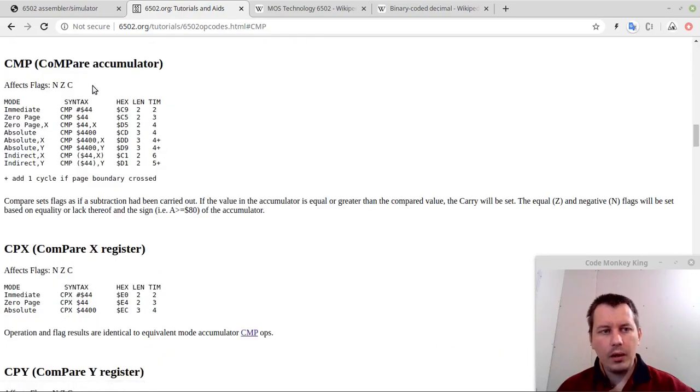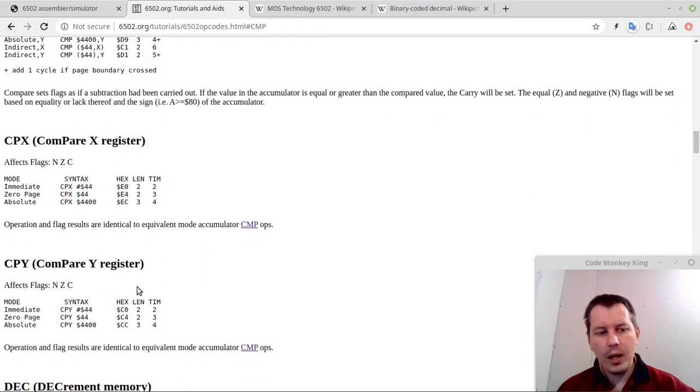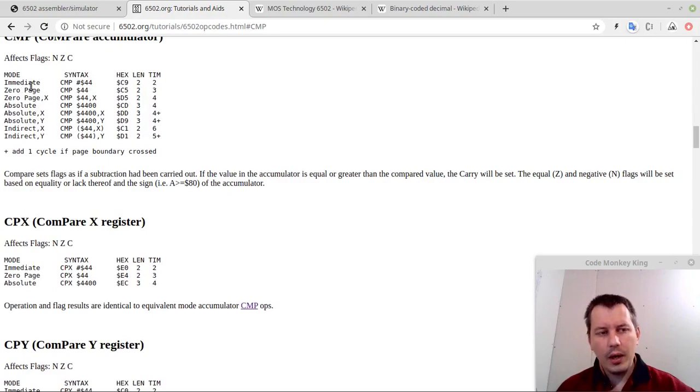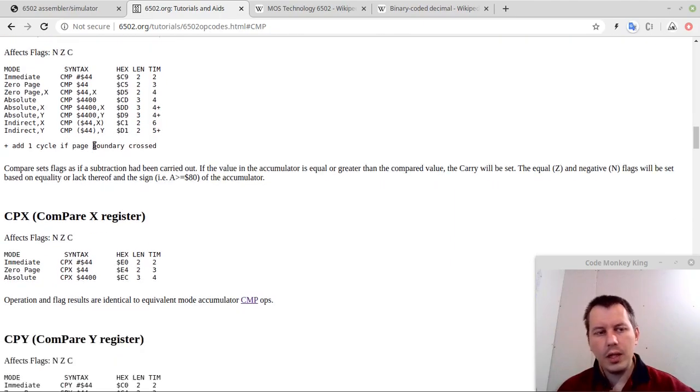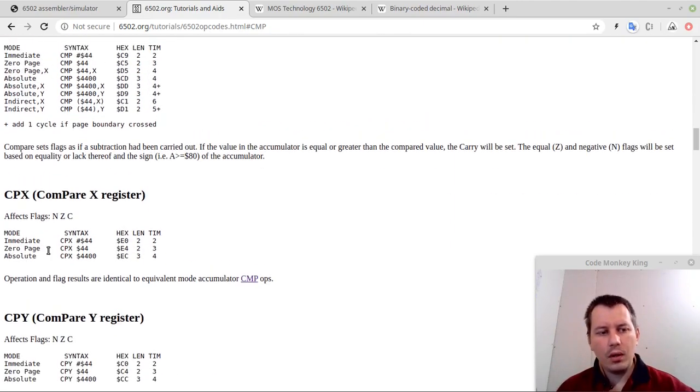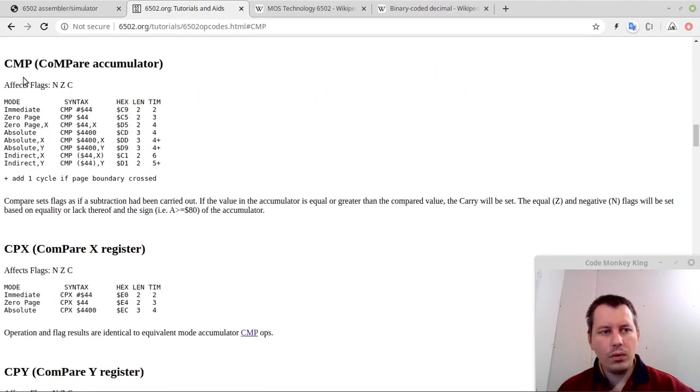So we have CMP, CPX, and CPY, which compare the A, X, or Y registers with a specific value, either an immediate value, a zero page address, or absolute for X and Y. This is it for the A register; it contains the offsets as well, absolute plus the offset, and indirect plus the offset.